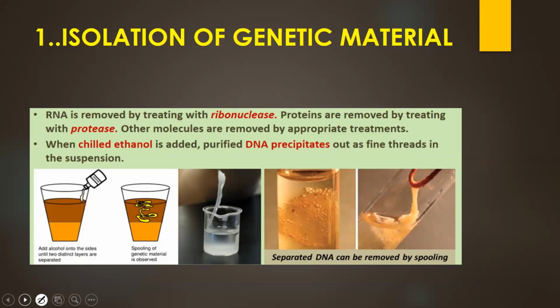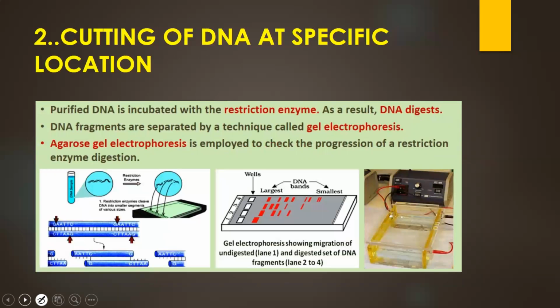After several treatments, you get the purified DNA, and that is precipitated by adding chilled ethanol. And then you get these fine threads of DNA, which you can see over here. Now the next is cutting of the DNA at specific location.